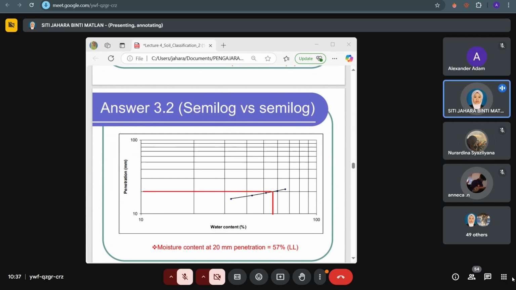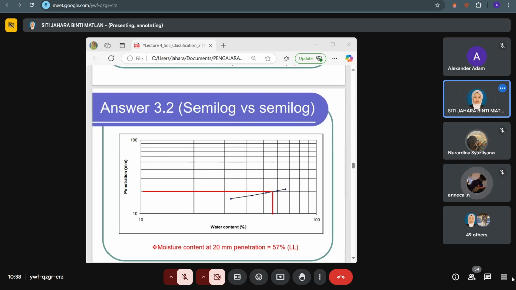We can also plot the data on the graph with the cone penetration on the x-axis and water content on the y-axis in the semi-log scale, as you can see here, where for the x-axis we use the semi-log scale.